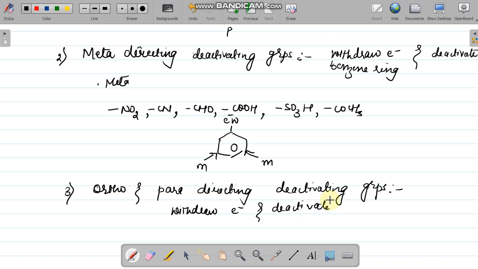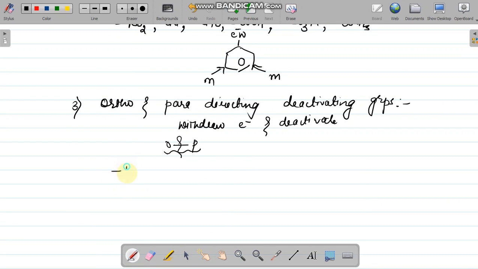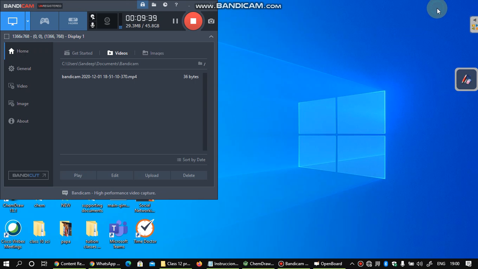However, these direct the incoming group to the ortho and para positions. Common examples of such groups are fluorine, chlorine, bromine, iodine, meaning the halogens. If your benzene ring has a halogen group, it will be ortho and para directing. With this, we finish our directive influence of substituents and their effect on reactivity.